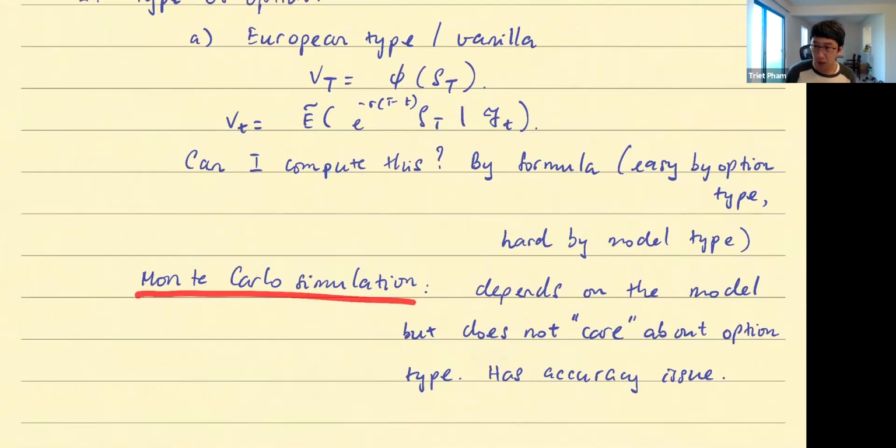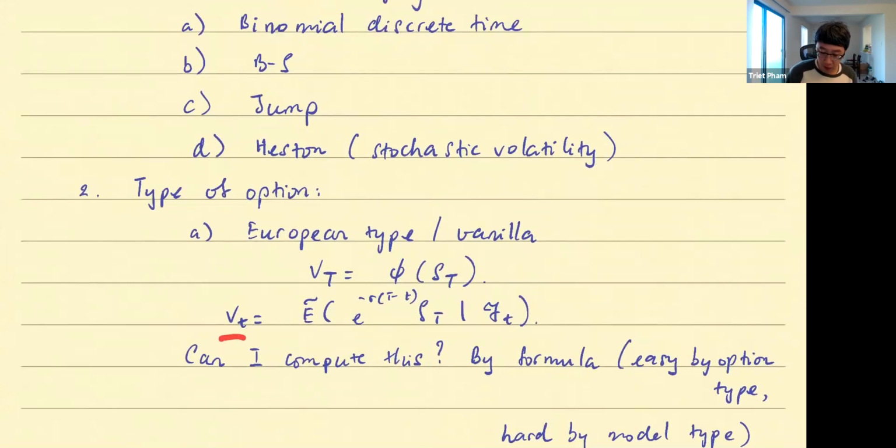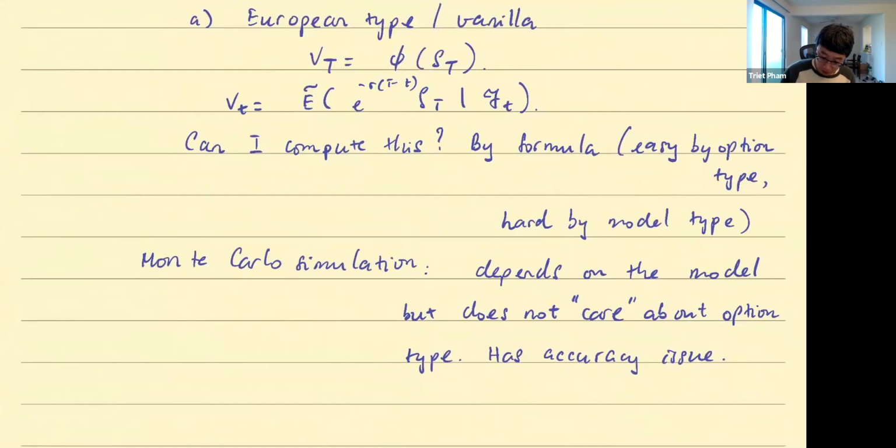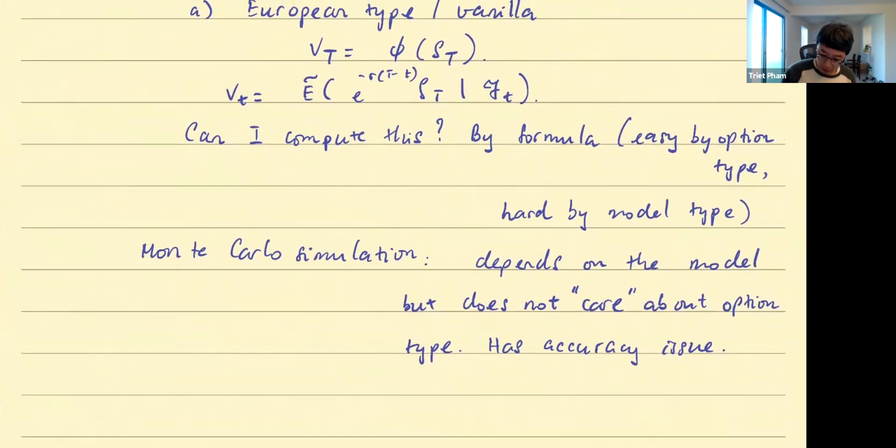But the implementation, Monte Carlo has the nice aspect that if you want to implement any option type, all it cares about is how you simulate the model. So the vanilla type is kind of like the easy playground for us to test out our model.